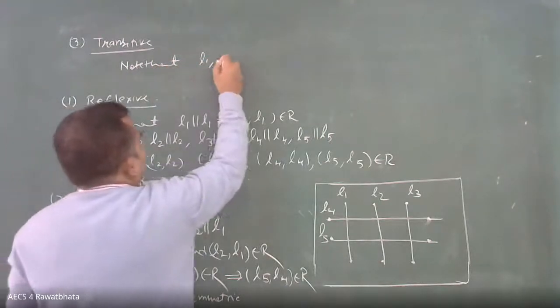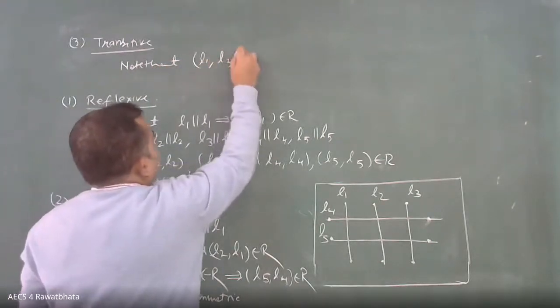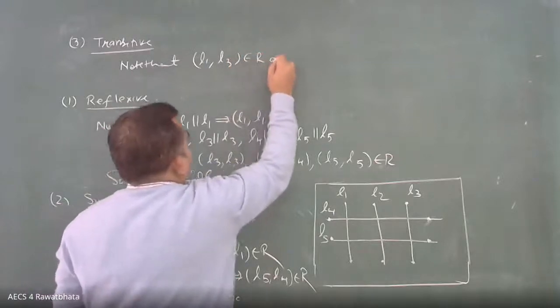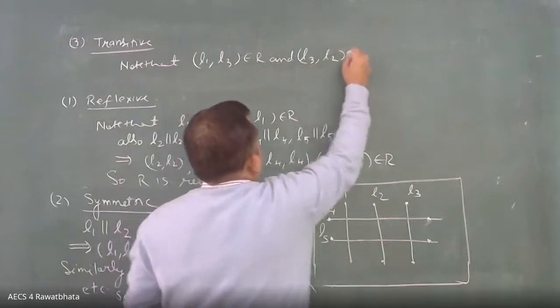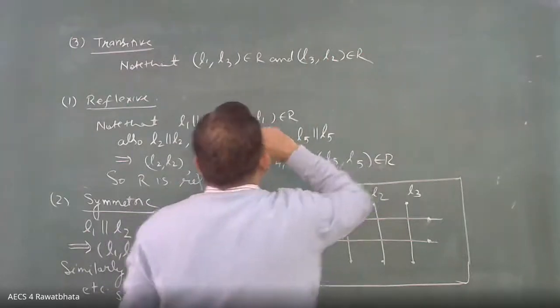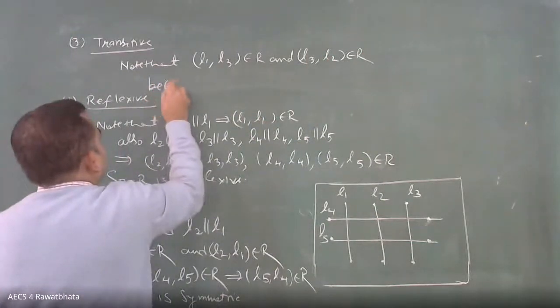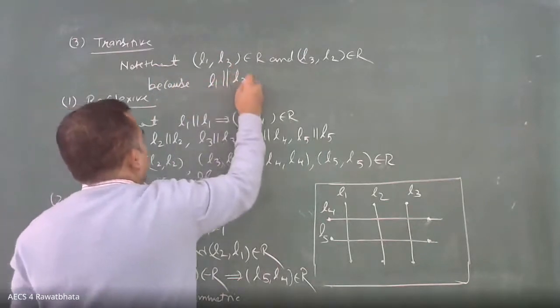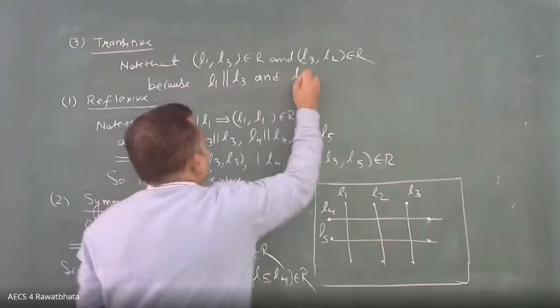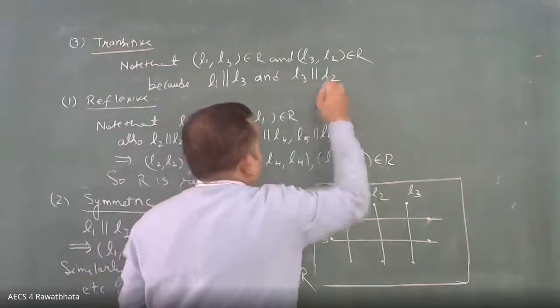L1 या कुछ भी आप ले लीजिए, L1 L3 belongs to R and L3 L2 belongs to R. उसका रीजन भी लिखिए, because L1 is parallel to L3 and L3 is parallel to L2.